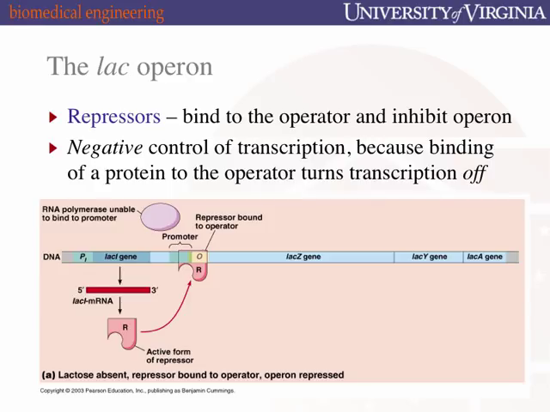So this is a negative control of transcription. When it's bound, you can think of it as a roadblock that prevents RNA polymerase from being able to go through the operon and transcribe it.